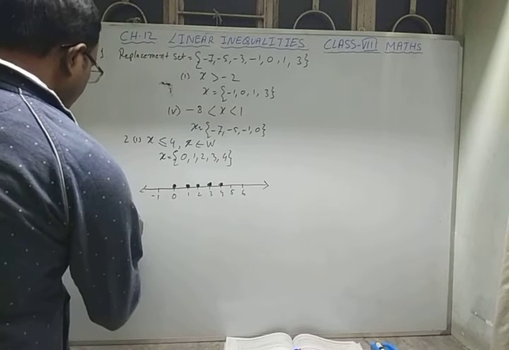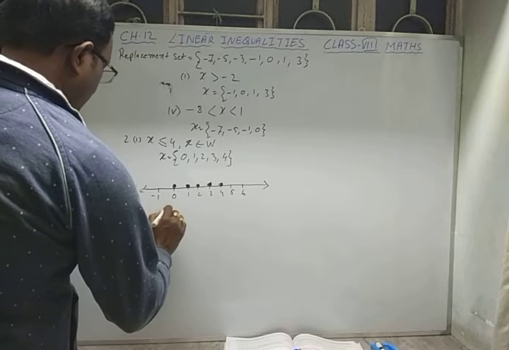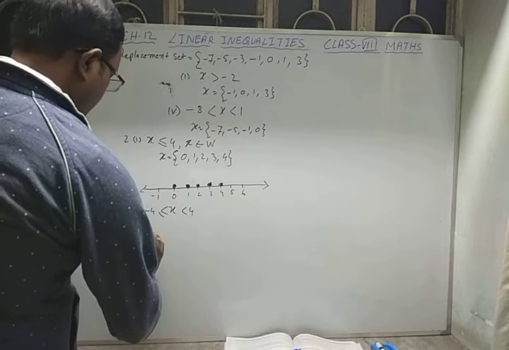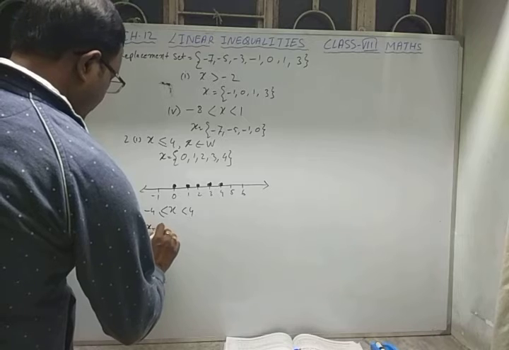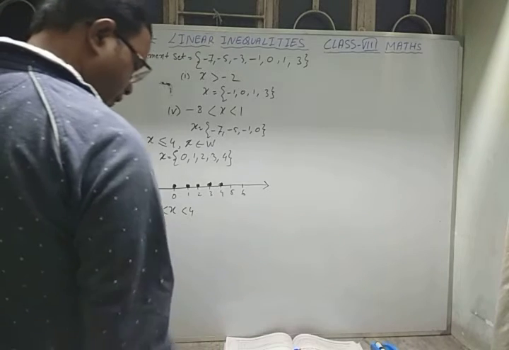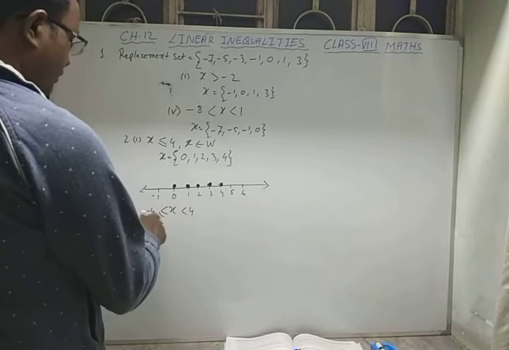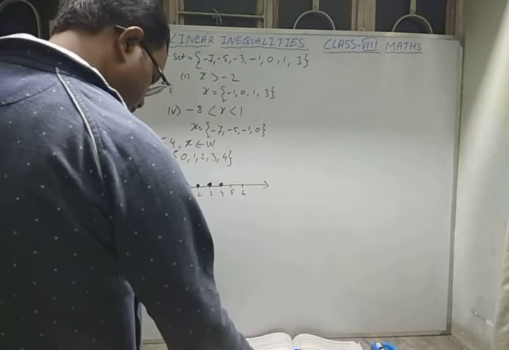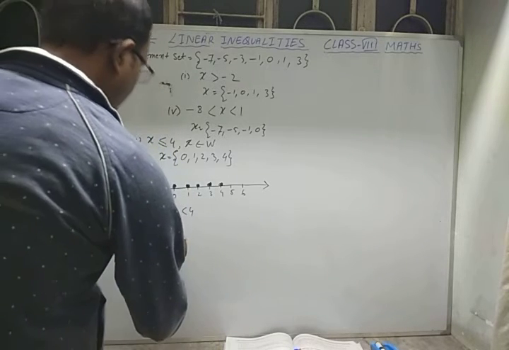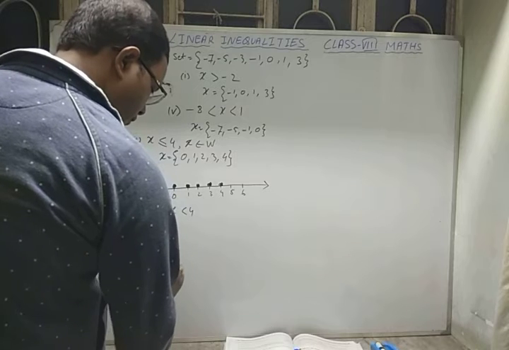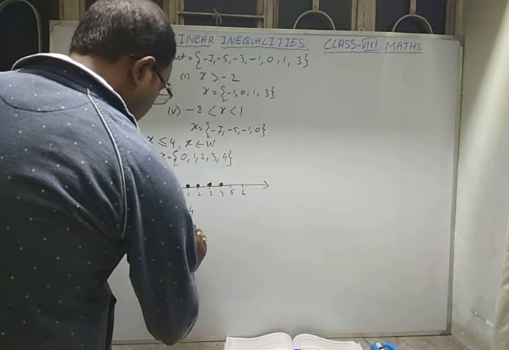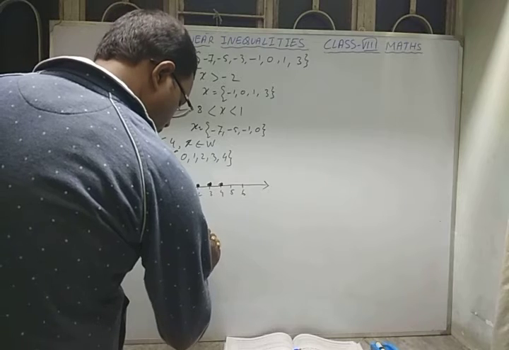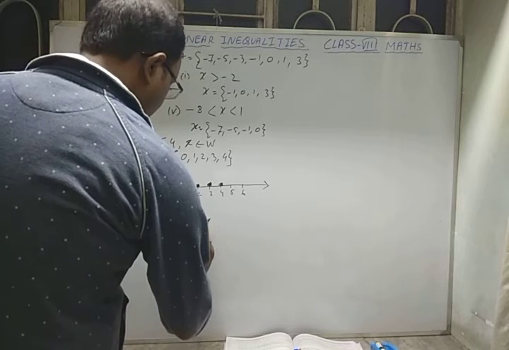So first of all, write the solution set. Here x is greater than or equal to minus 4 but less than 4. So what will be the solution set? You have to choose the numbers which are greater than or equal to minus 4. So minus 4, then minus 2, then 0, 2, that's it.